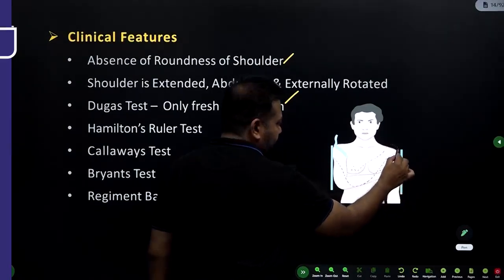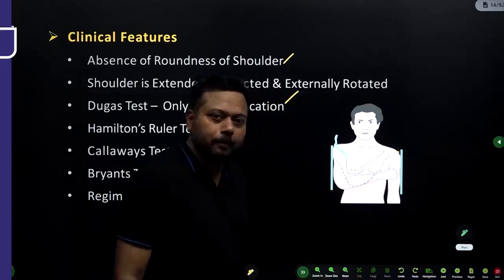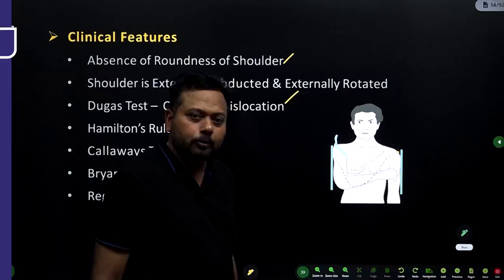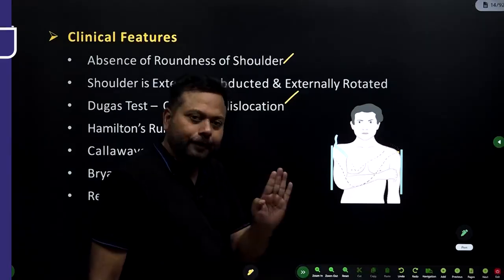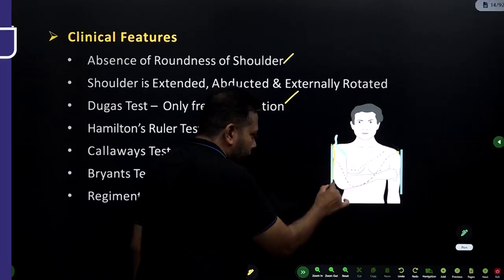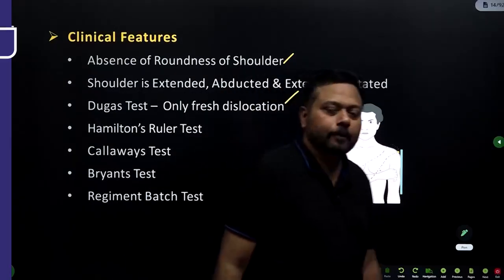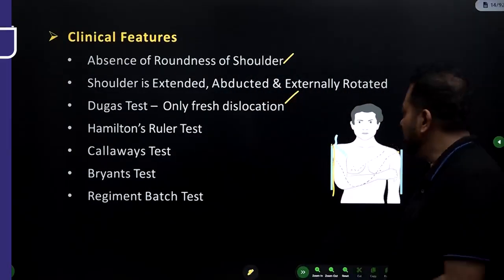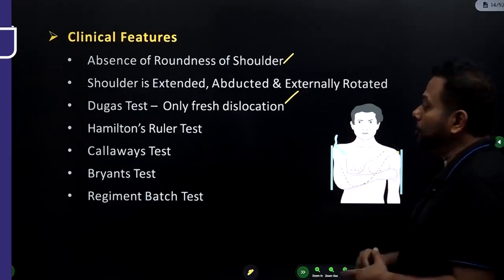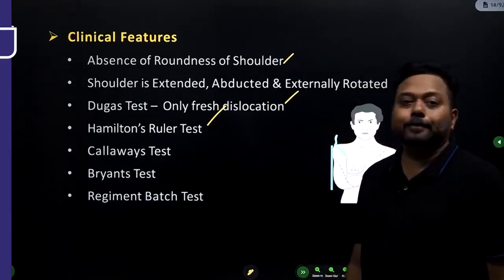That is normal. Since the ball is out of the socket, the deltoid contour is lost. On the affected side, a ruler from top to bottom flushes totally with the upper limb. That is called Hamilton ruler test, one of the very old clinical signs in orthopedics.